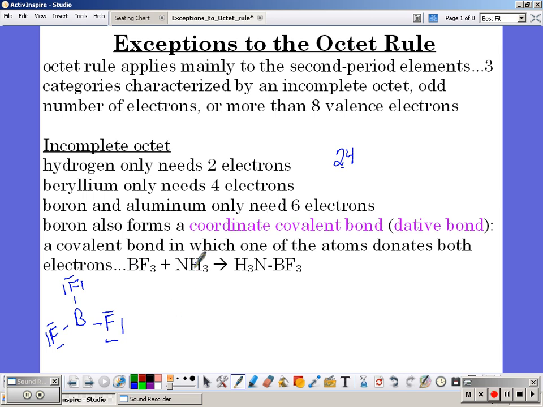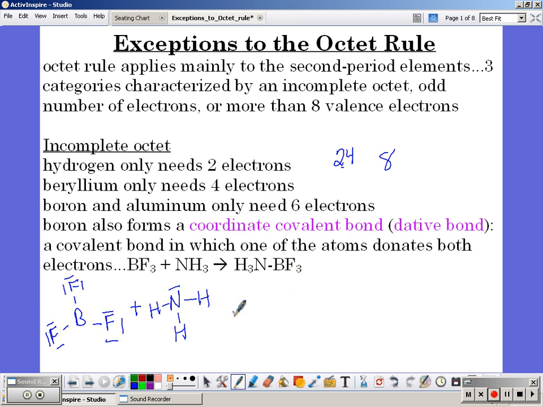Now, NH3, we would have 8 valence electrons in our picture. So we'd have nitrogen, with 3 hydrogens bonded to the nitrogen. That's 6, leaving me with 2 extra valence electrons, so there would be a lone pair there. So we're adding these 2 things together. What happens is the nitrogen shares its 2 valence electrons with the boron.